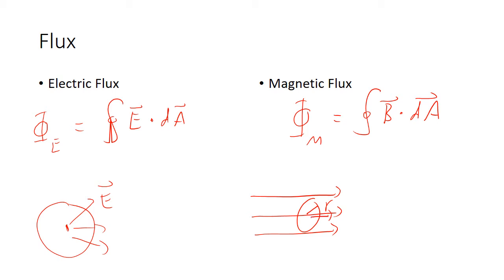So in this case, if it's going straight perpendicular to the circle, the integral is just going to be B times A. So the magnetic flux here is going to be B times A, or in other words, B times pi r squared.